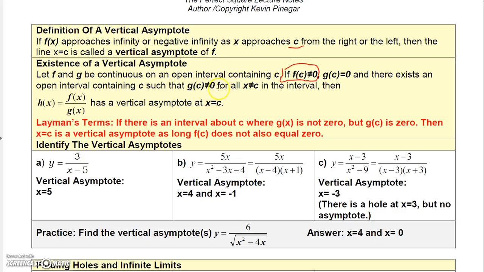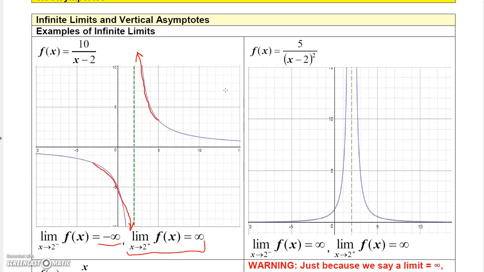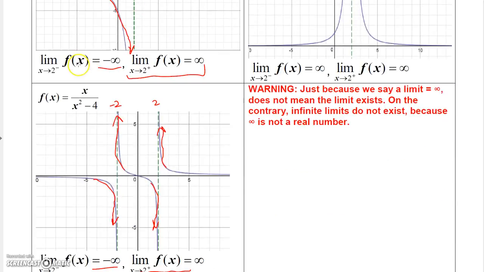I know this is a little confusing, but let's say right here, the denominator equals 0 at x equals 2, but around x equals 2, the denominator doesn't equal 0. It actually has values. But what we're saying is, at x equals 2, the denominator is 0, but around x equals 2, it doesn't equal 0. So that's all they're saying.